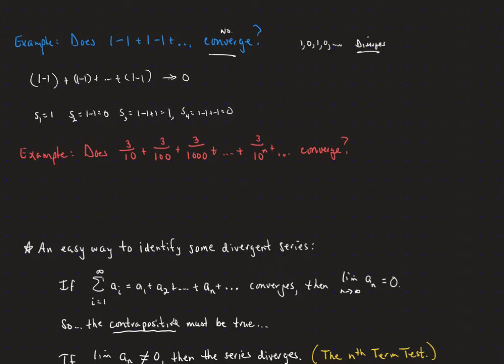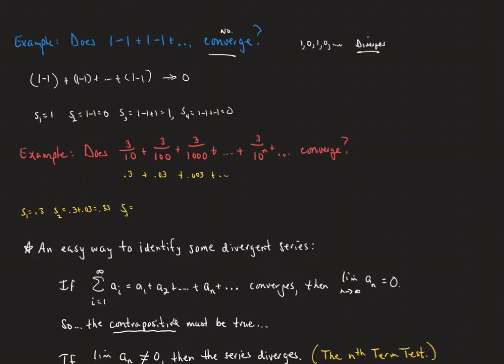Okay, now here's an interesting one. I'm going to write these as decimals because I think it becomes more clear. This is 0.3, and this is 0.03, and this is 0.003, and on and on. So when you look at the sequence of partial sums, the first partial sum is 0.3. The second one, 0.3 plus 0.03, is going to be 0.33.